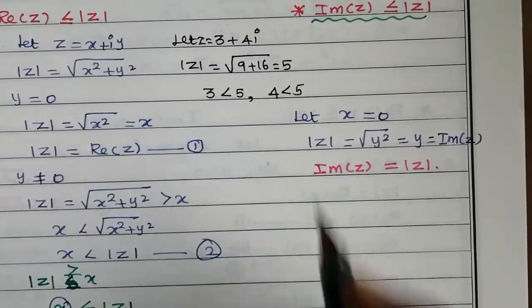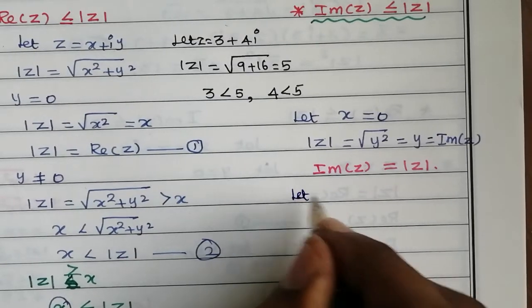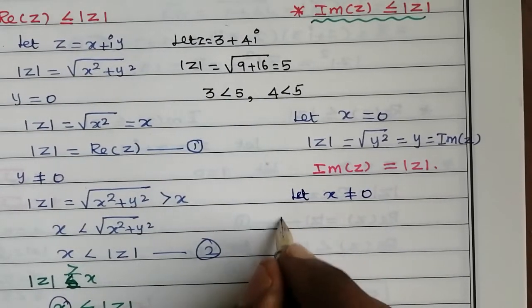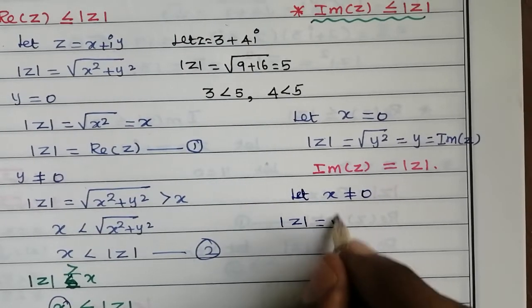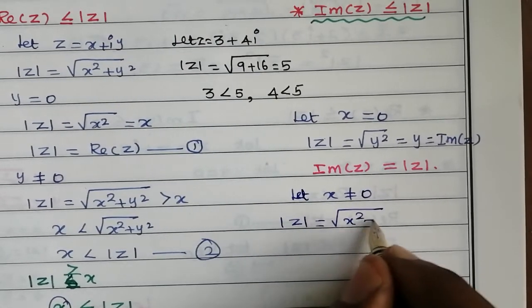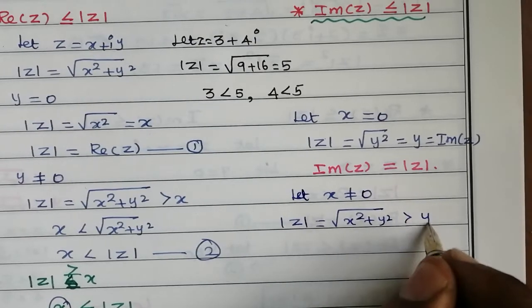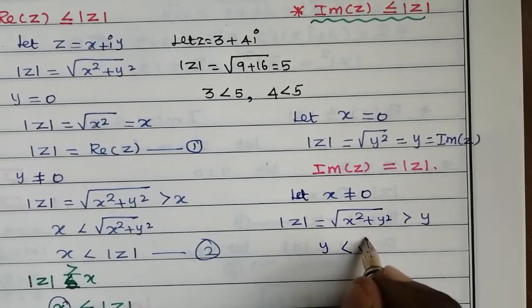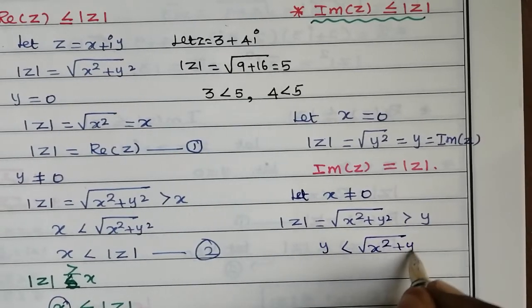Okay. Then next, let x is not equal to 0. So modulus of z equal to root of x square plus y square, that is greater than y. This is y is less than square root of x square plus y square.